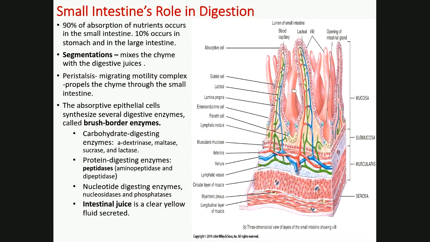There's peristalsis, which is the contraction and relaxation of the smooth muscles. These brush border enzymes include carbohydrate digestive enzymes, protein digestive enzymes, which I've listed here, and nucleotide digestive enzymes, and it secretes this intestinal fluid that is a very clear fluid that includes all of these digestive enzymes.